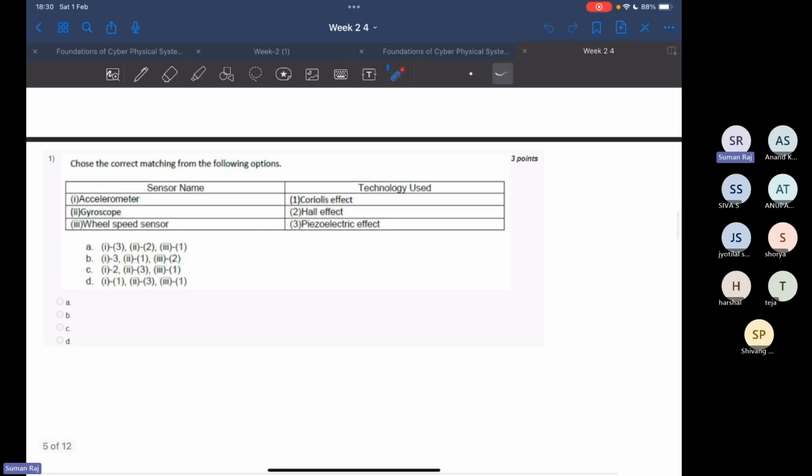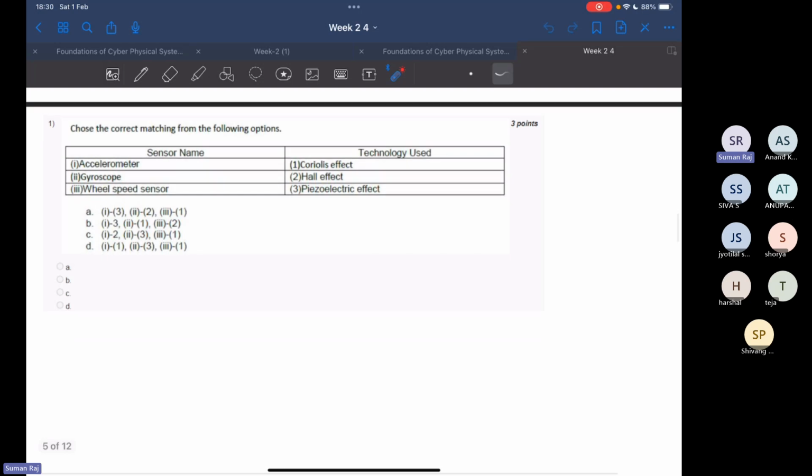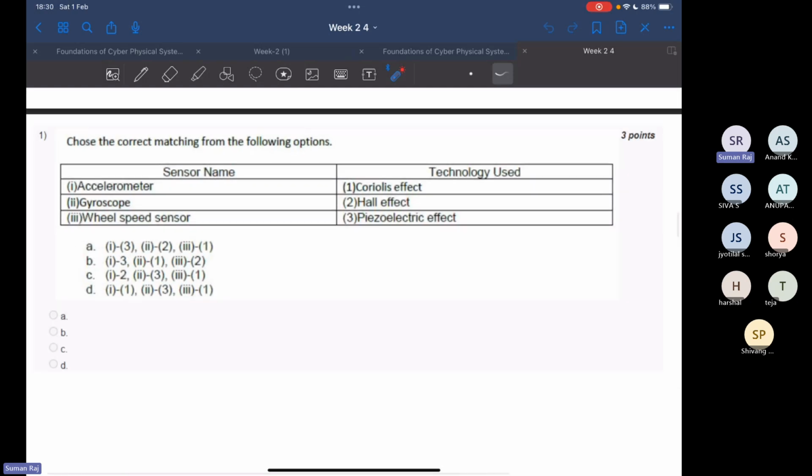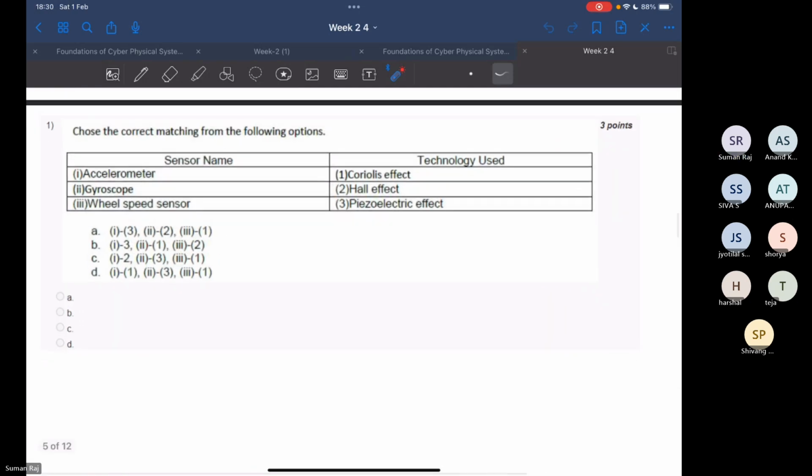Okay, so here is the first question. Nice, so Shivang also agrees with us. The first question is: choose the correct matching from the following options. I hope the font size is fine. There is some sensor name and we have some technology used.